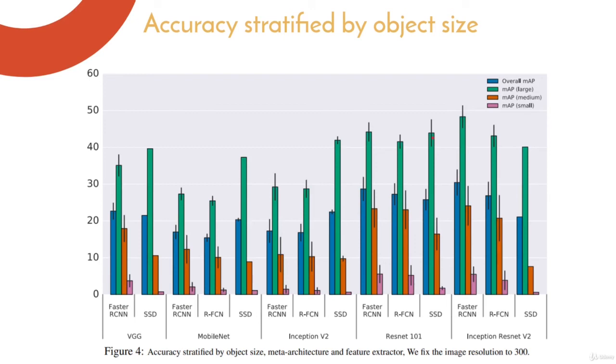And since SSD actually takes less time at inference than, for example, faster RCNN, this means that if you are looking for a model that needs to make predictions fast, then maybe you would choose to lose some points in terms of mean average precision, but you will gain some points in terms of speed here. So this is another thing that you should consider, and this graph is very helpful in making those decisions.